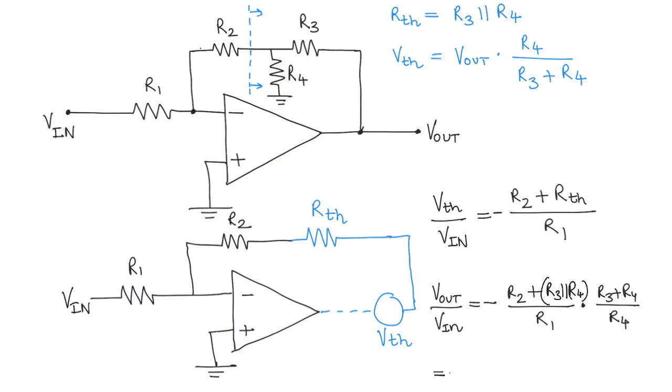But what you would get is R2 plus R3 plus R2 R3 over R4, divided by R1. And that's how you can resolve circuits which have complex networks in their feedback, basically by using the Thevenin equivalence.